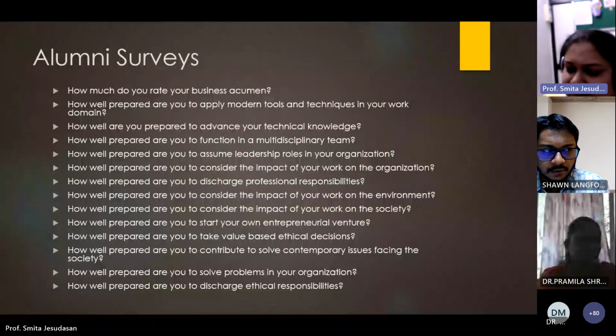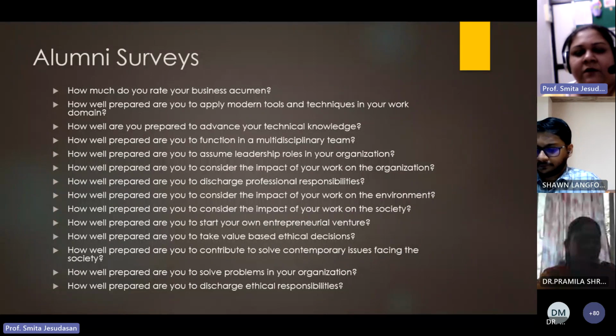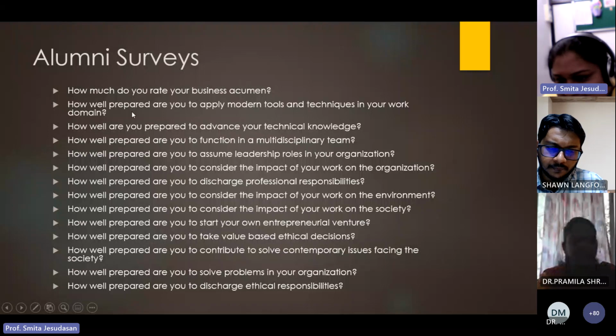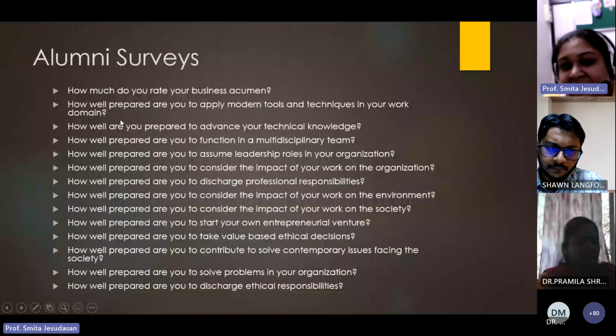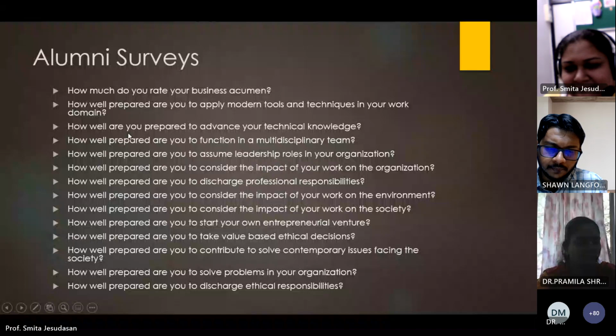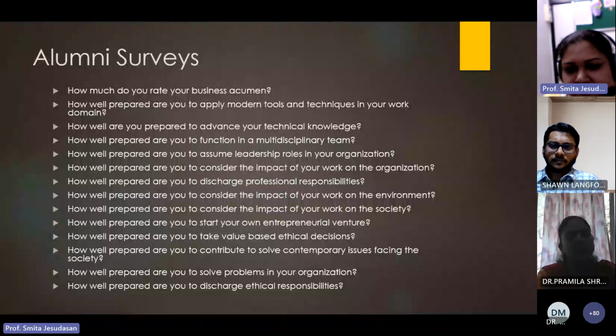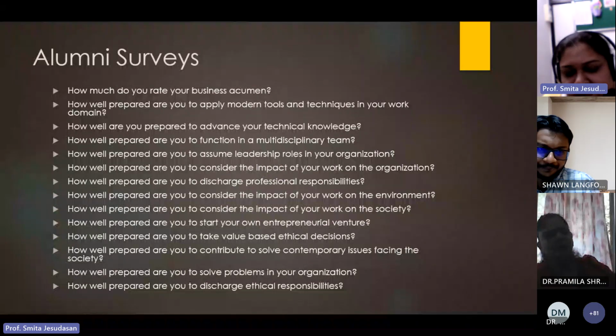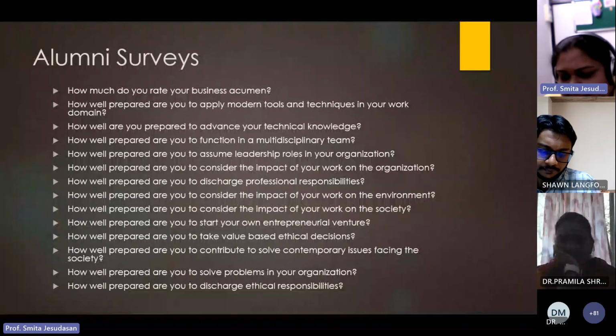Basically, a good foundation for them? Yes. Okay. So now when you see here, how much do you rate your business acumen? How well prepared are you to apply modern tools and techniques? So we are looking at their initiative, we are looking at their willingness. The questions are framed in such a way we are asking their opinion with respect to their willingness, with regard to their initiative.